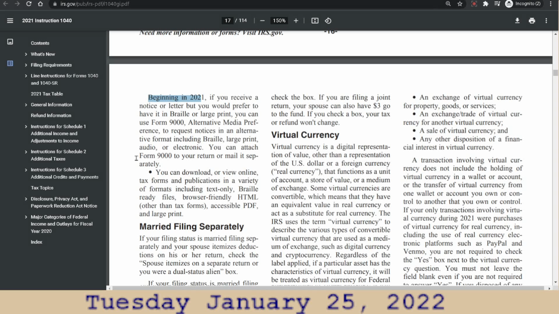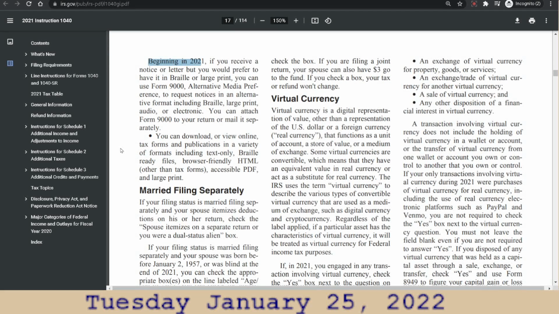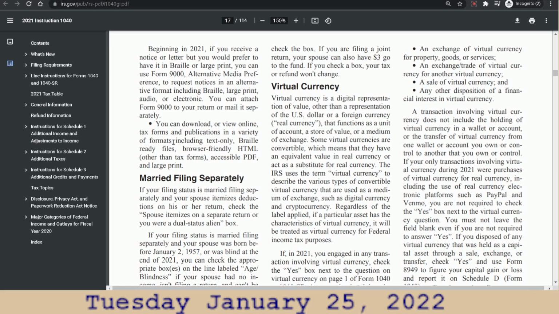You can attach Form 9000 to your return or mail it separately. You can download or view online tax forms and publications in a variety of formats, including text-only, Braille-ready files, browser-friendly HTML other than tax forms, accessible PDF, and large print. So that's also something that began in 2021.